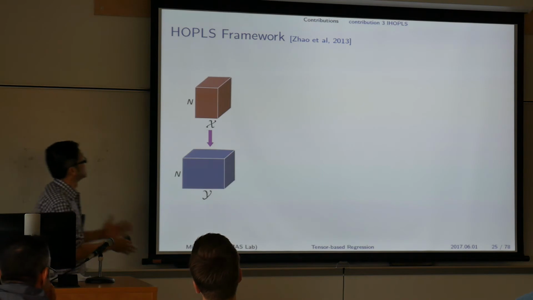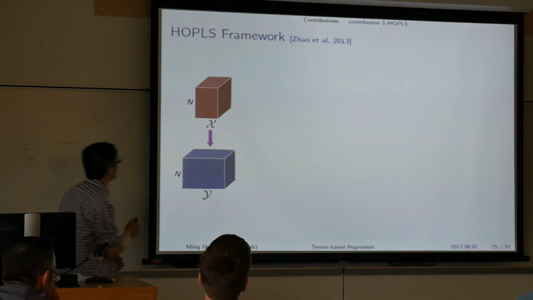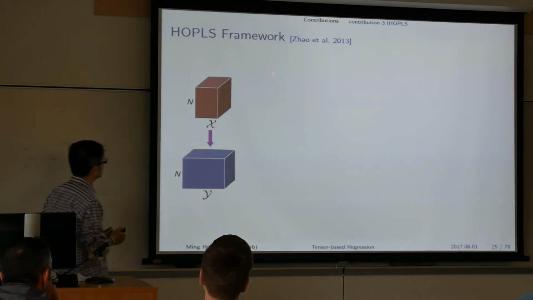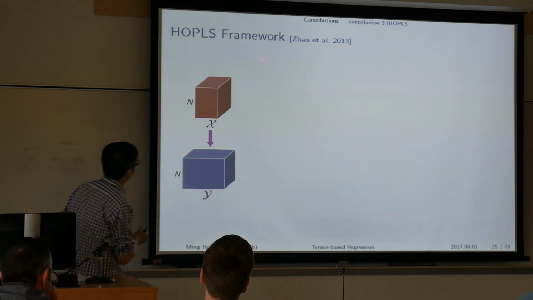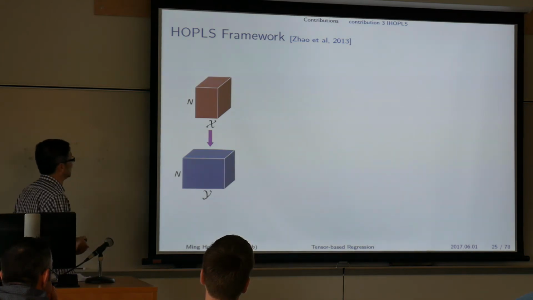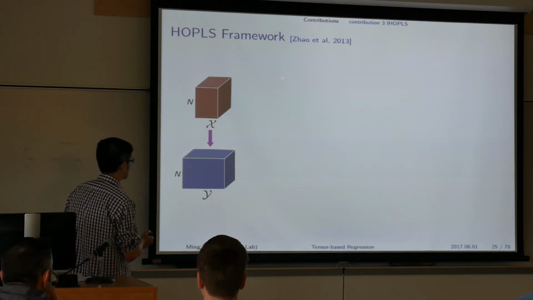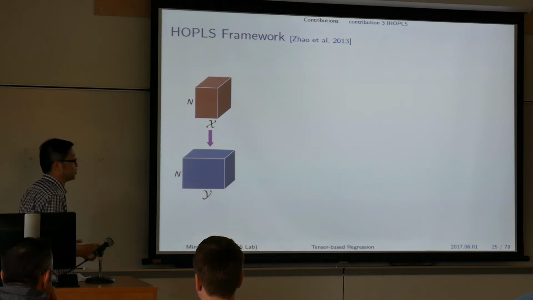And here is the framework. Oh, sorry. Before introducing our IHPRS algorithm, it's useful to introduce what the high order PRS framework is. So basically, HOPRS's objective is to predict tensor output from tensor input through the extraction of a small number of common latent variables.